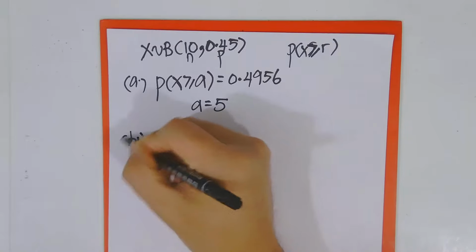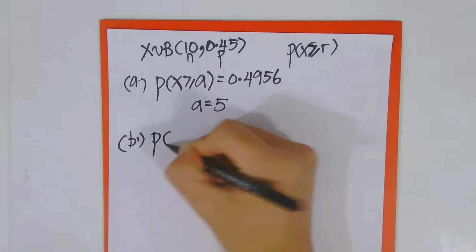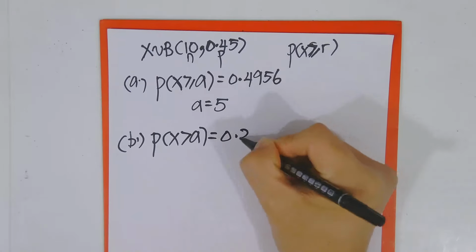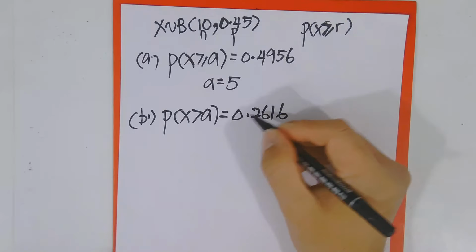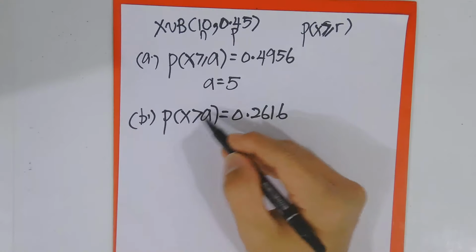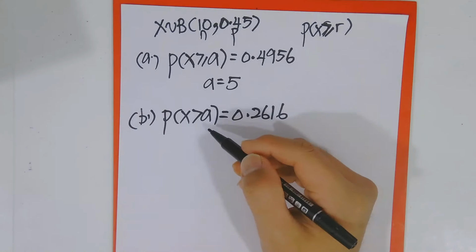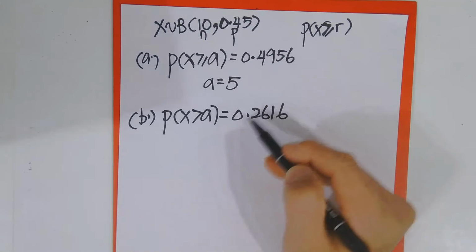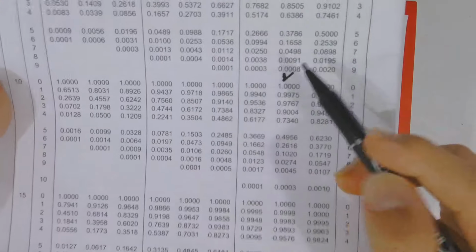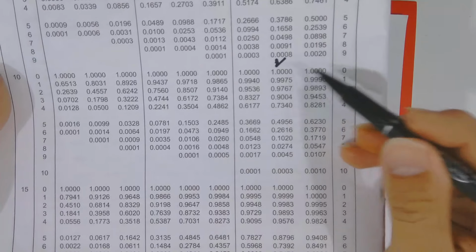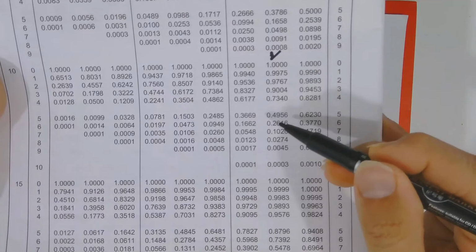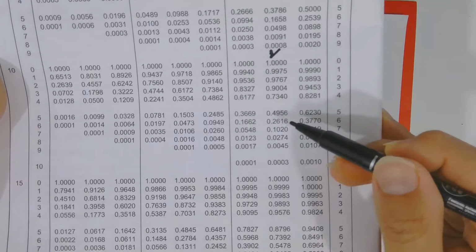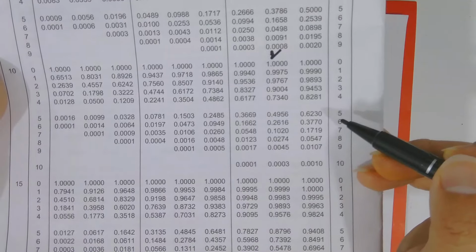What if the question gives you P(X greater than A) equals 0.2616? Can it be just finding this value? Can you do that? Listen to what I'm saying here. For 0.2616, the value is 6.